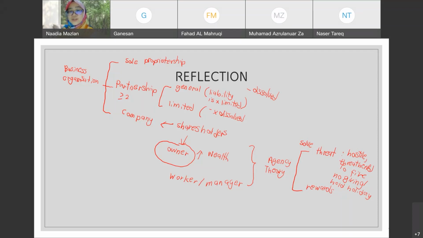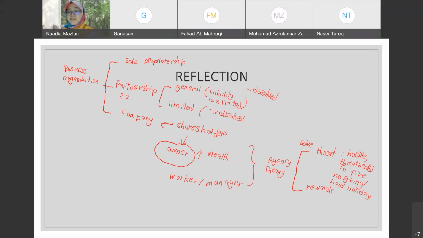So her holiday has been withheld. However, my partner is the one who had to tell the worker about this, and he is feeling very bad about not giving holidays because of performance. So that is what we call threat.